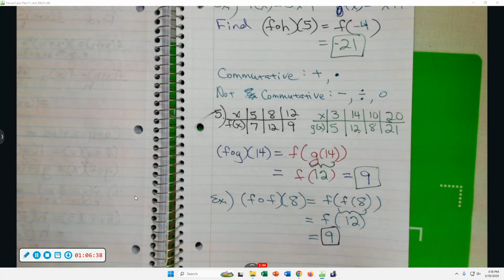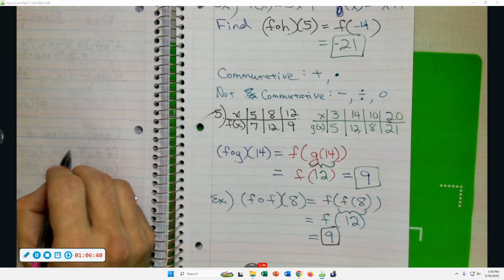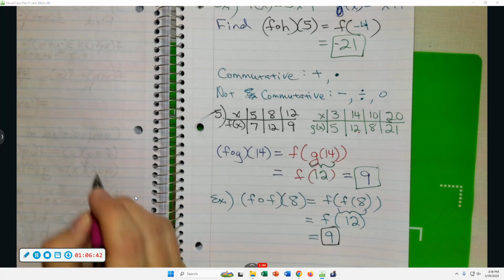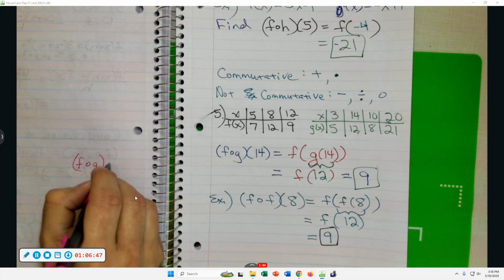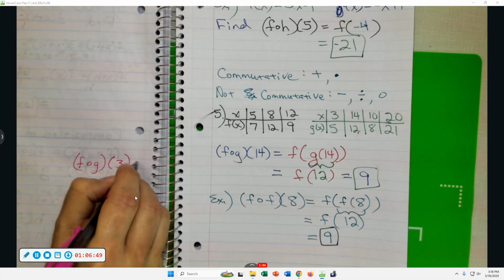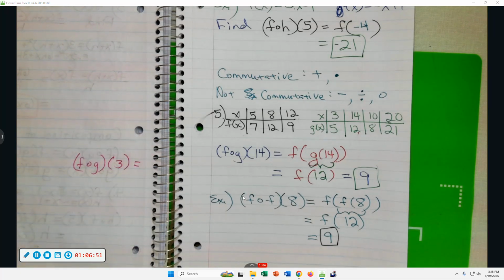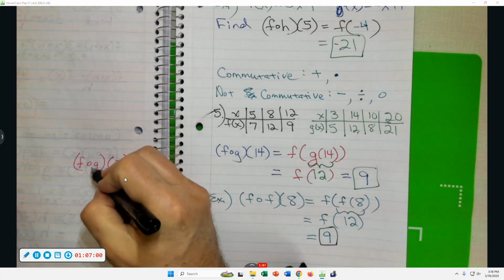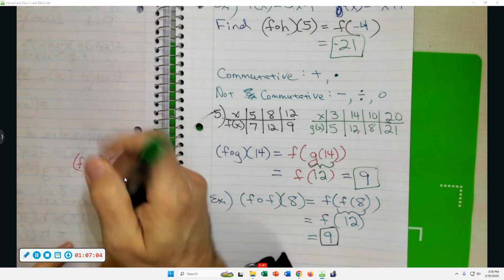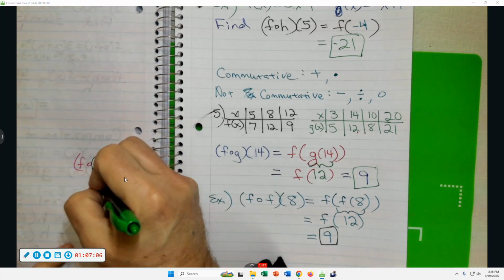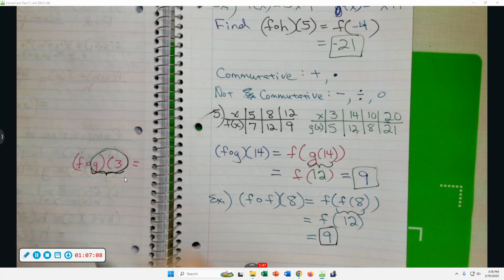And here's one just on the side. How about F composed with G of 3? I'm not going to write out a lot. You start right here, circle in green. We have G of 3. That's the green table.